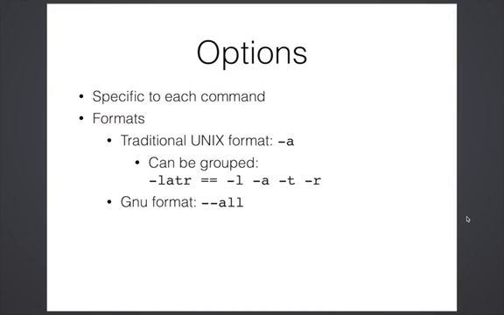In some cases, they'll take an either/or, so you could type -a or --all and get the same effect from the option. And in some cases, they'll take some options in traditional formats or GNU format, and some options only in the GNU format with the --, and then a word.